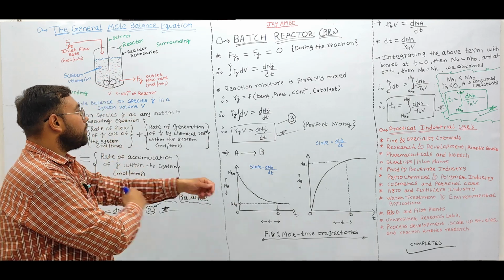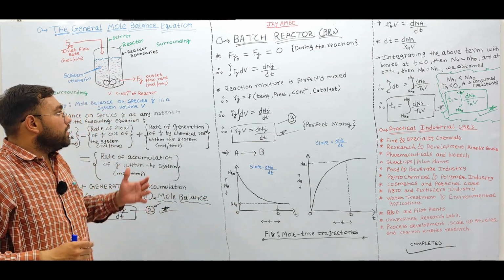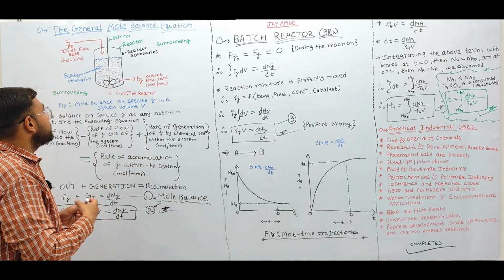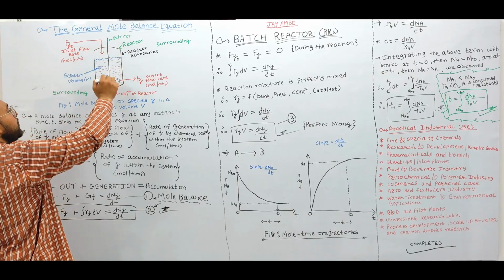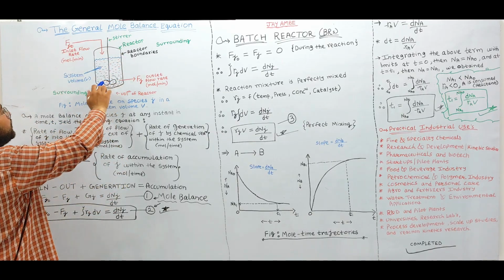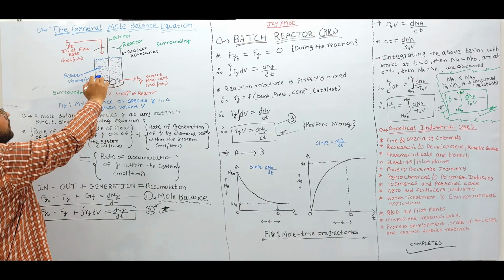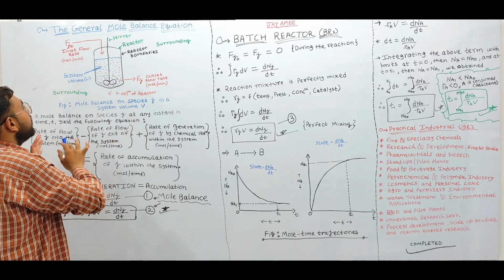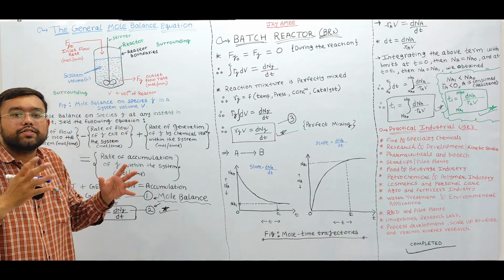Now let's say the reaction mixture is perfectly mixed, which means by using the stirrer, by using the agitator, we are thoroughly mixing the entire reaction volume, right? So due to this we'll have the uniform distribution of all the system variables.